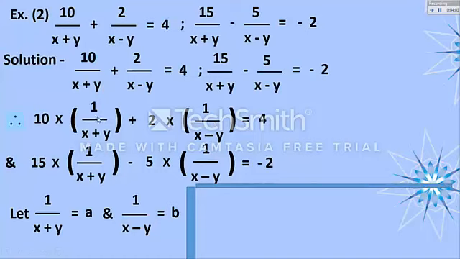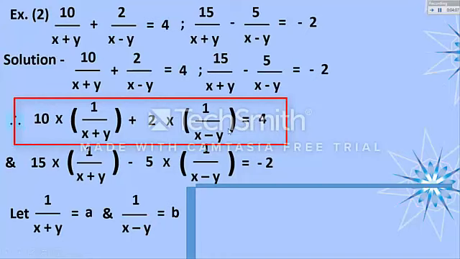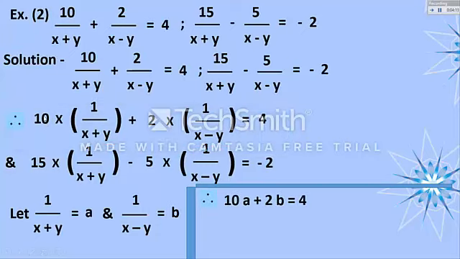Therefore, the first equation reduces to the reducible form: 10 into 1 upon x plus y, we write a, means 10a, plus 2 into 1 upon x minus y, we substitute b, means 2b, is equal to 4.